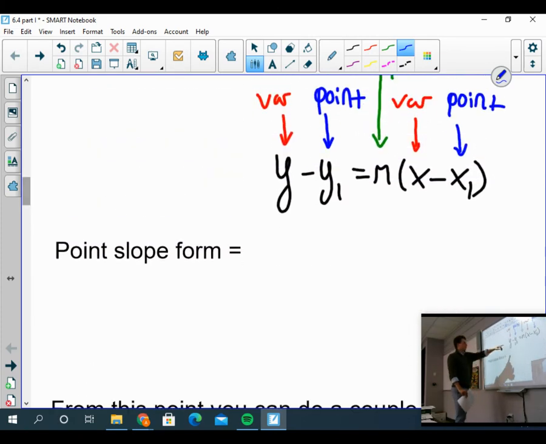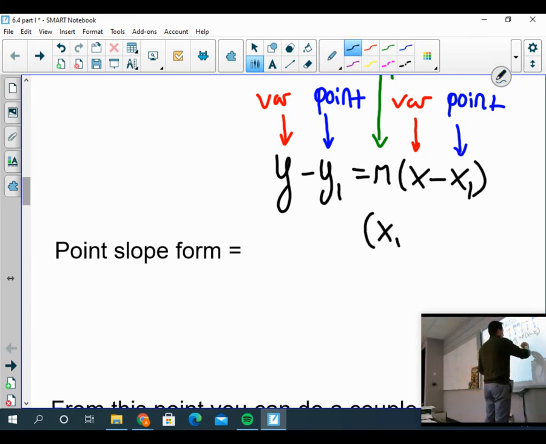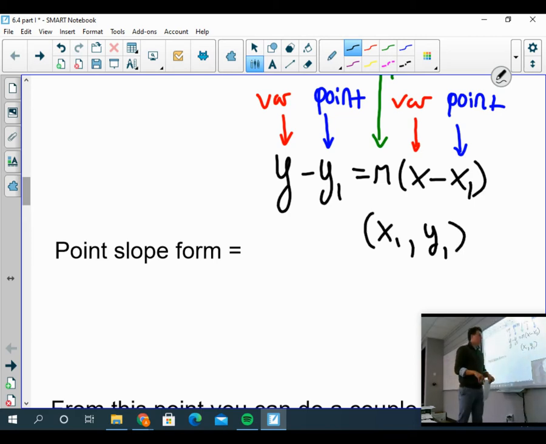You see, if you look at the original formula, the minuses are already built in there. Again, they're built in there because point-slope form comes from the formula for slope. So since the minuses are already built in there, the actual coordinate point here is x1, y1. The minuses come in just as part of the equation.